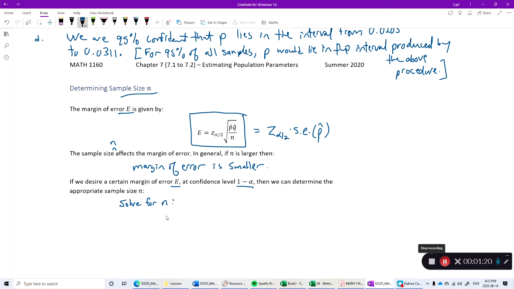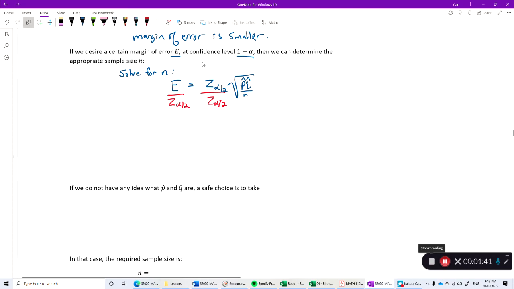Let's see. If I divide both sides by z alpha over 2, that's a good first step. We're just doing a bit of algebra here. That will cancel out on the right-hand side. Now what if I square both sides?